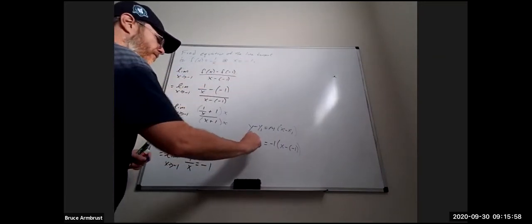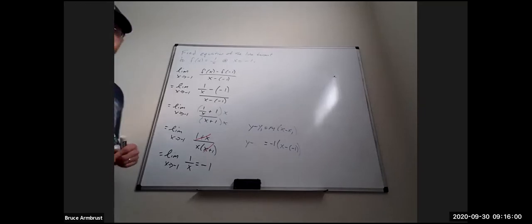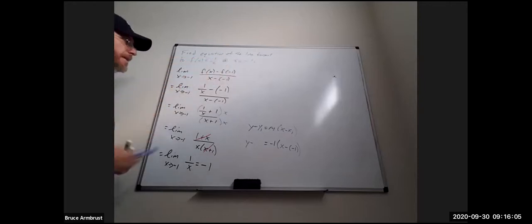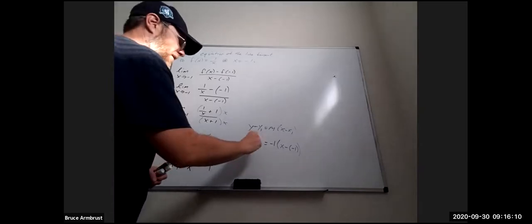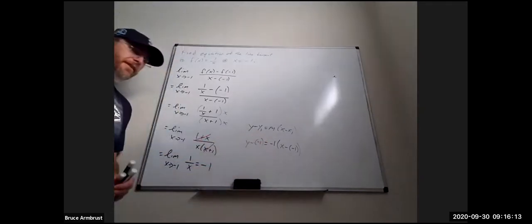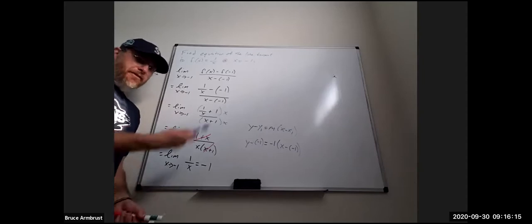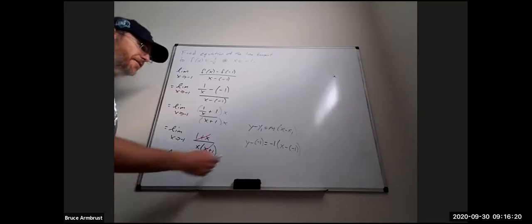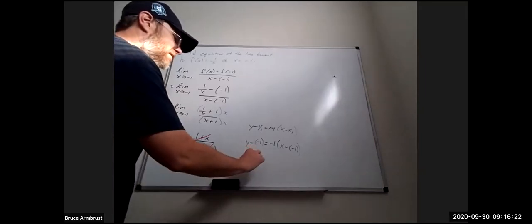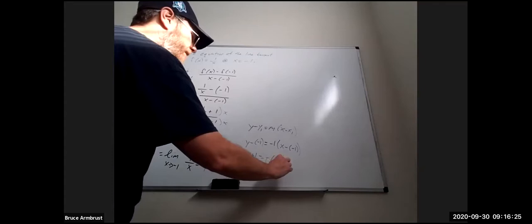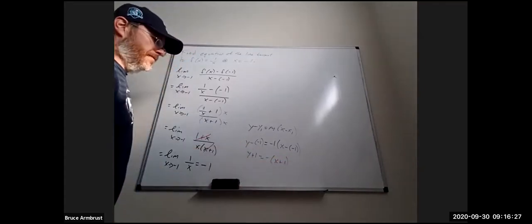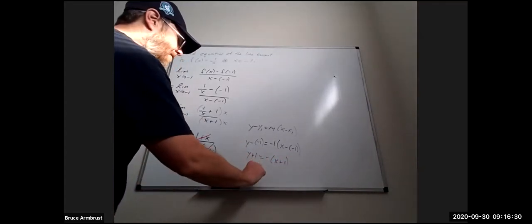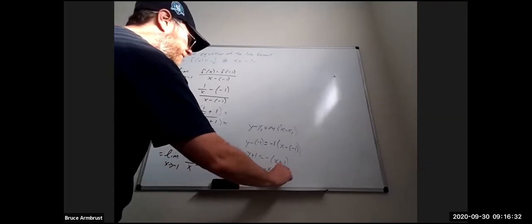So the question is, what is the y-coordinate at -1? Well, take your x and plug it in here, and you see that it is also -1. All right, everything's -1. Cool. So this then gives us y plus 1 equals negative times x plus 1, which then if we distribute and everything gets us y equals -x plus 2.